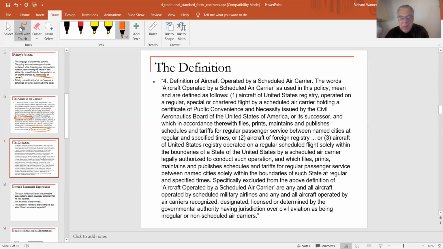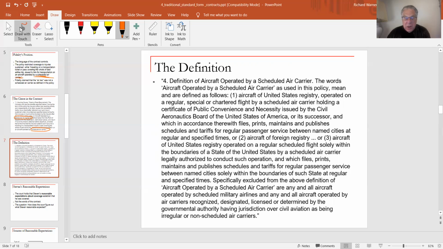Here's the definition. Definition of aircraft operated by a scheduled air carrier. The words aircraft operated by a scheduled air carrier as used in this policy mean and are defined as follows. 1, aircraft of United States registry operated on a regular or special or chartered flight by a scheduled air carrier holding a certificate of public convenience and necessity issued by the Civil Aeronautics Board of the United States of America or its successor, which in accordance therewith flies, prints, and maintains and publishes schedules and tariffs for regular passenger service between named cities at regular and specified times.